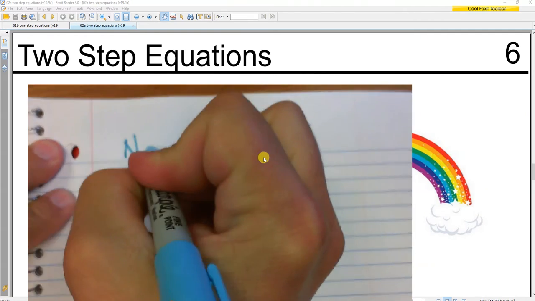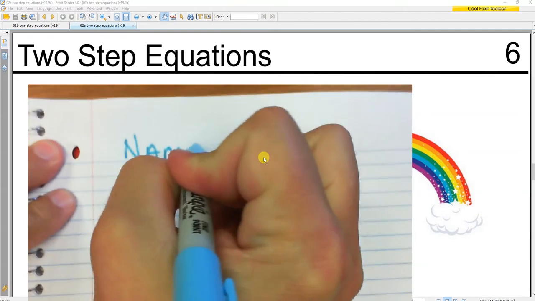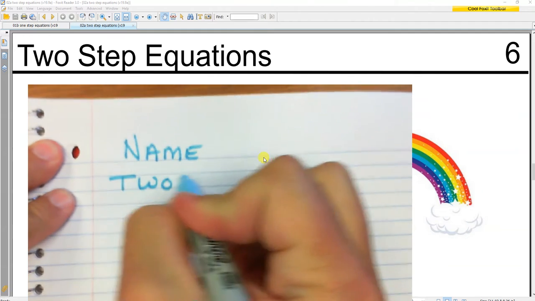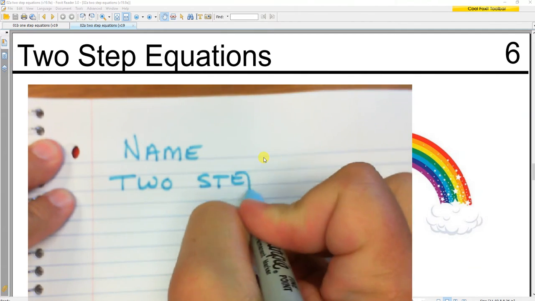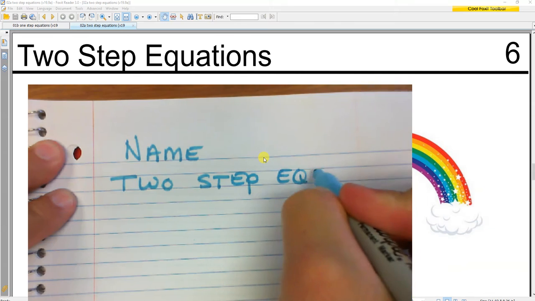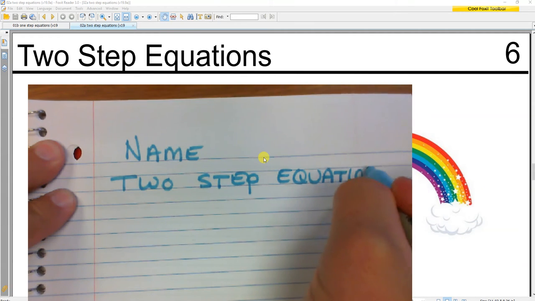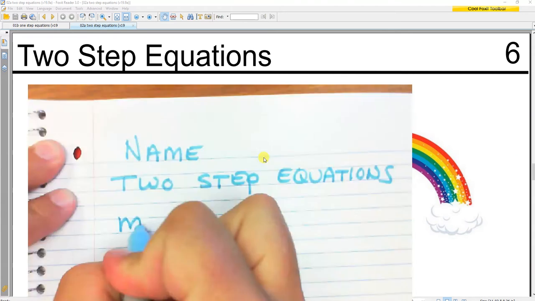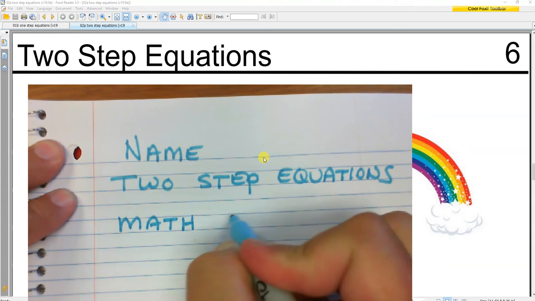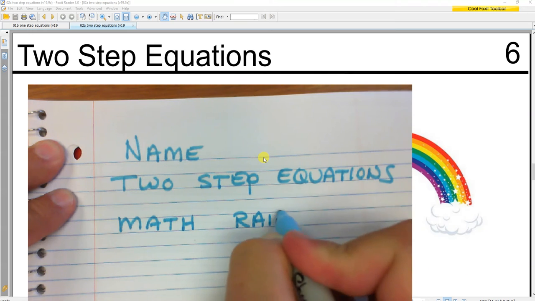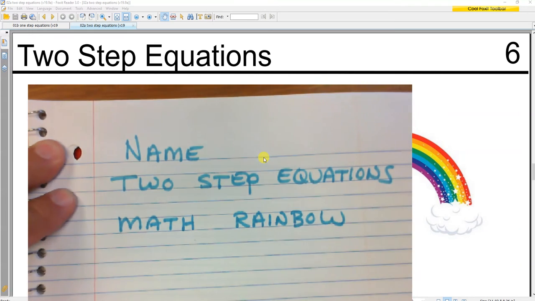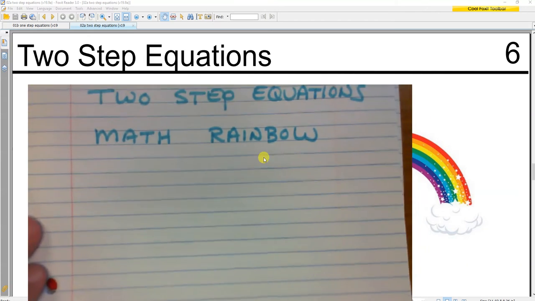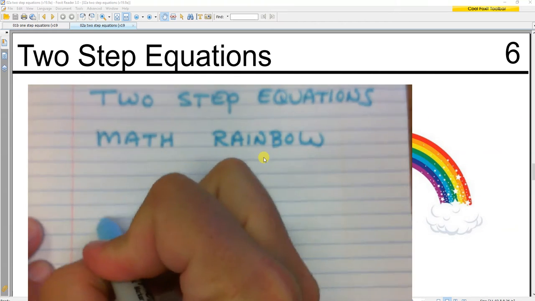Name, title, math rainbow. I expect you to draw a rainbow. Here we go. I'm going to make my poofy clouds.